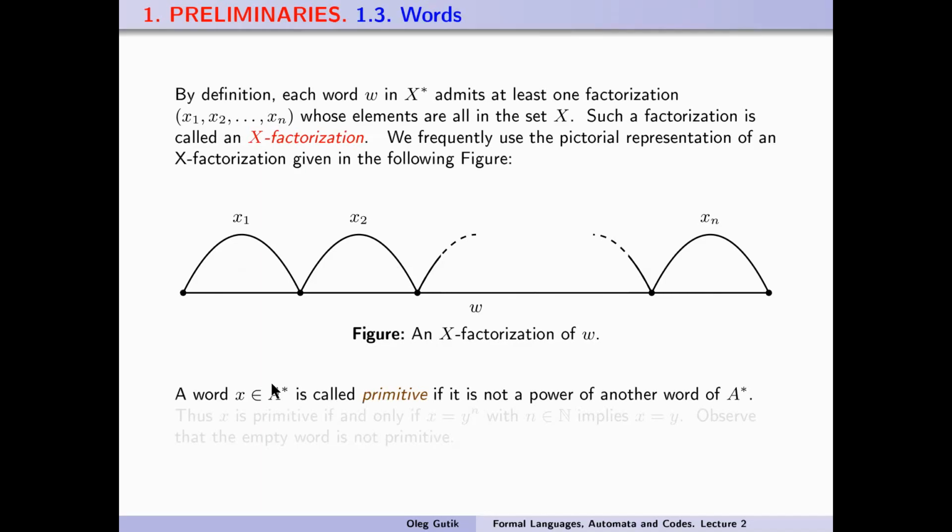A word x of a free monoid A star is called primitive if it is not a power of another word of A star. What is primitive?